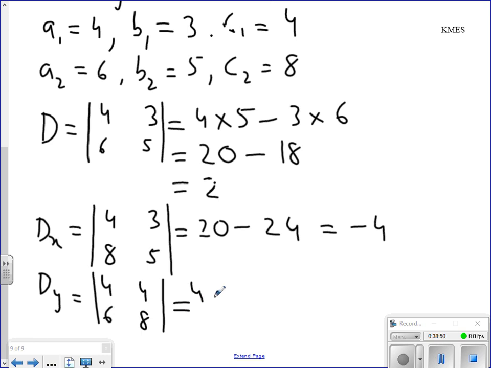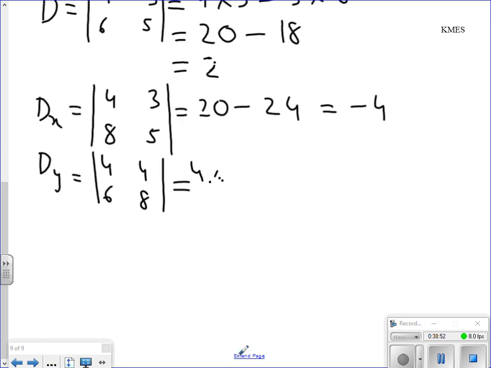So that will be equal to 4 into 8 minus 4 into 6. That is equal to 32 minus 24. That gives us 8. So now we have the value of d, which is 2, dx, which is minus 4, and dy, which is 8.